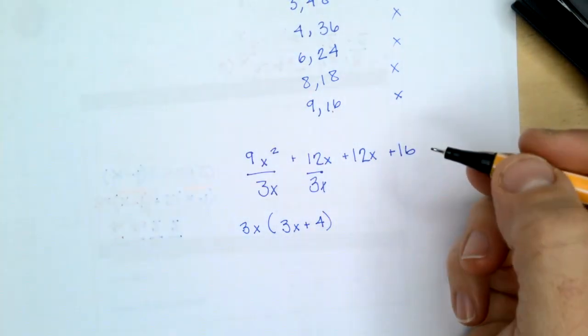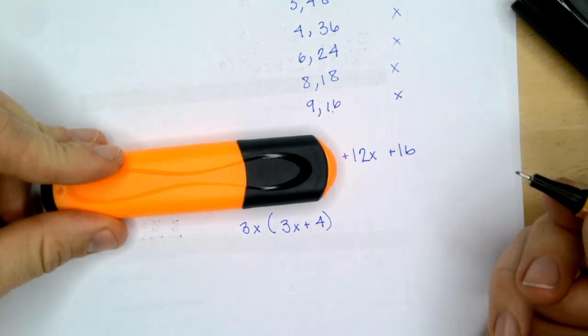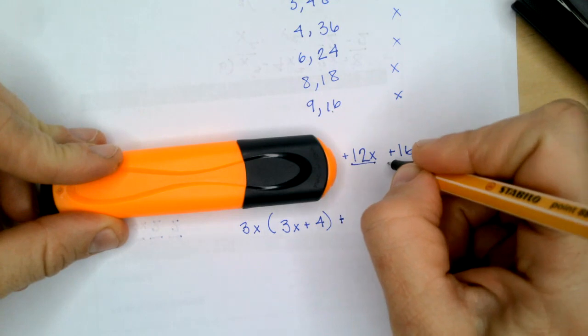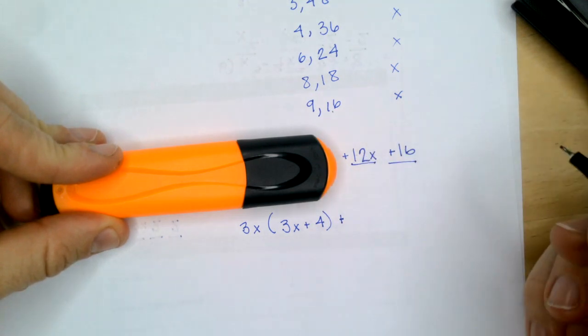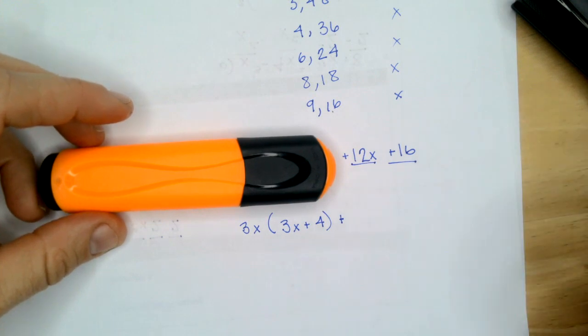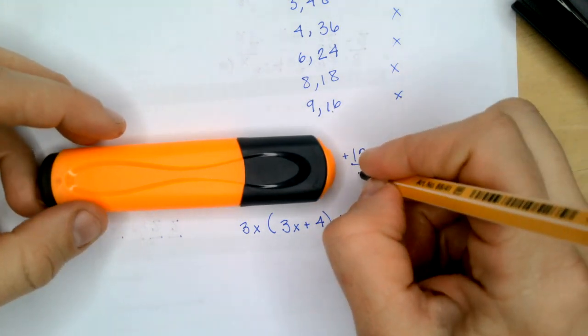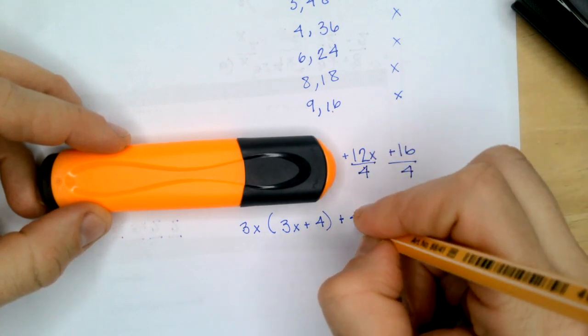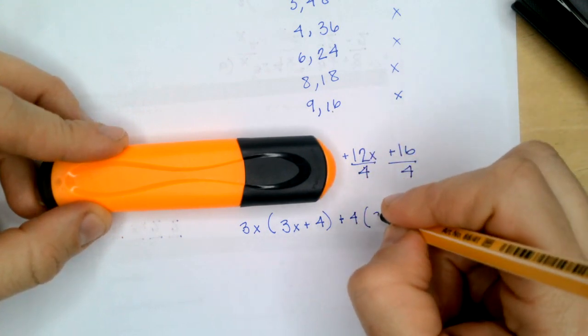And then over here, I have a positive 12x and a positive 16. So that's going to be a positive number that I'm going to factor out. 12 and 16, I can divide them both by 2, but I can also divide them both by 4. So that might be a better choice. So plus 4. When I take 12x and I divide it by 4, I get 3x.